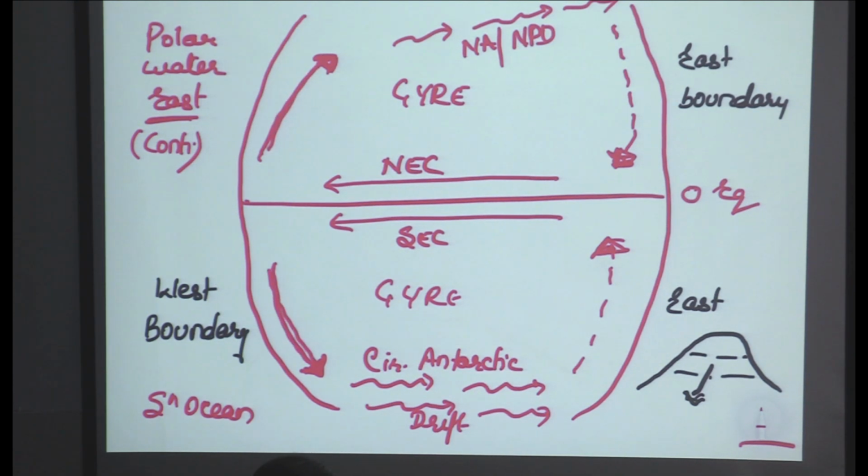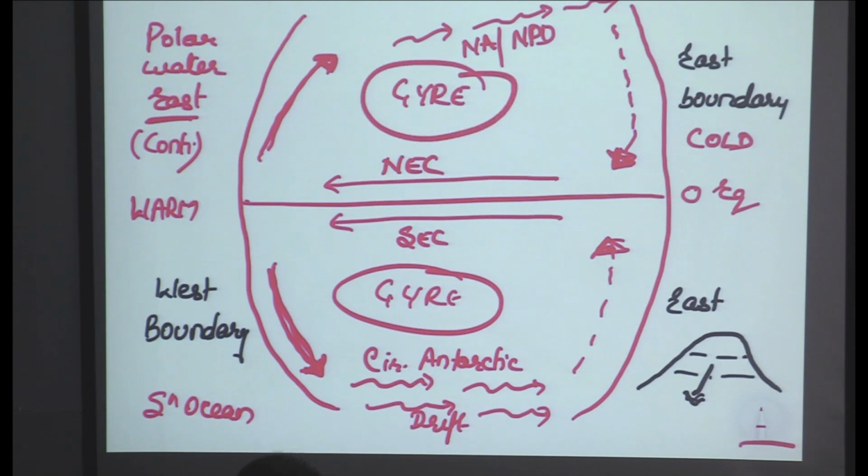So there should not be any prize for guessing. West boundary current is always a warm current because it transports lower latitudinal water to higher latitude, and east boundary currents in comparison are cold currents because they transfer higher latitudinal water to lower latitude. This closed current system is called Gyre circulation.